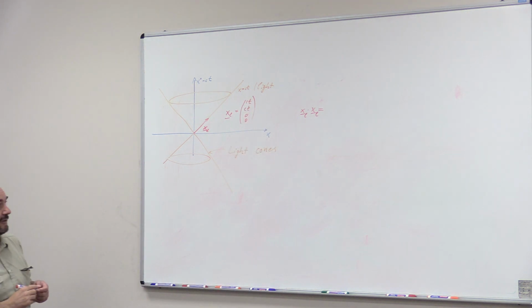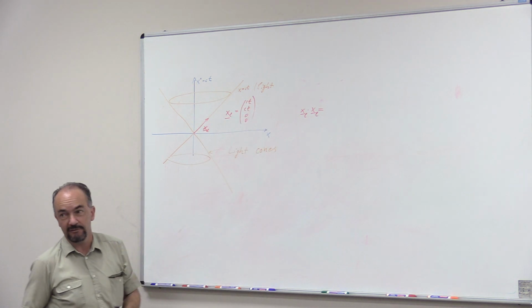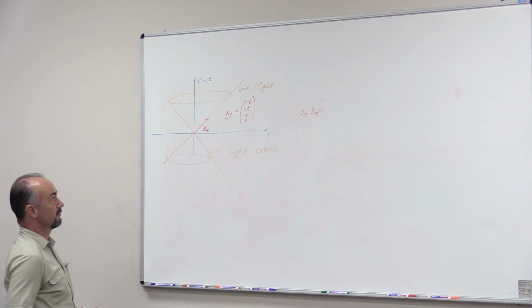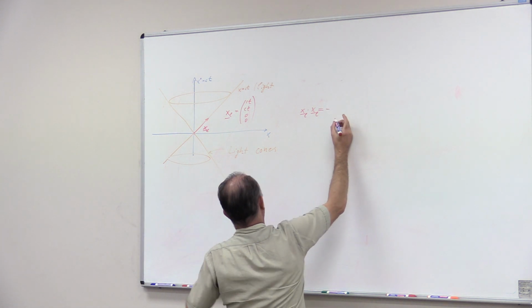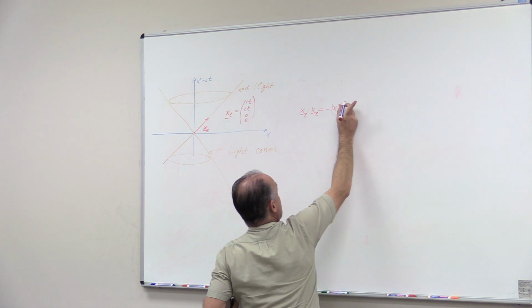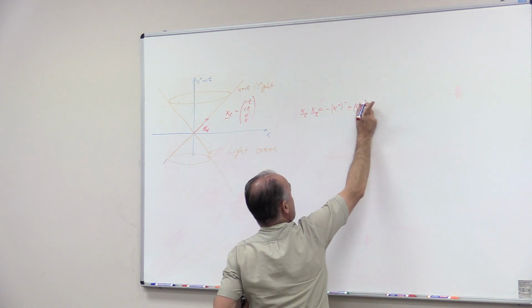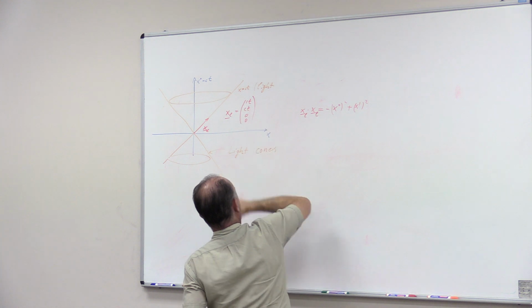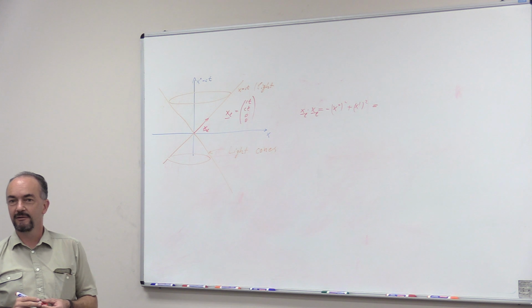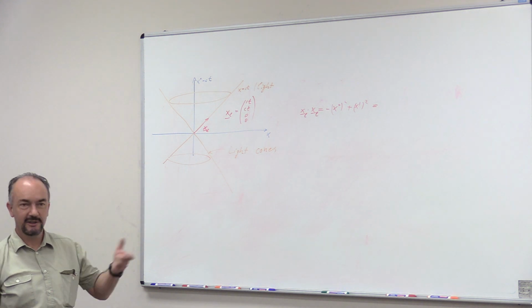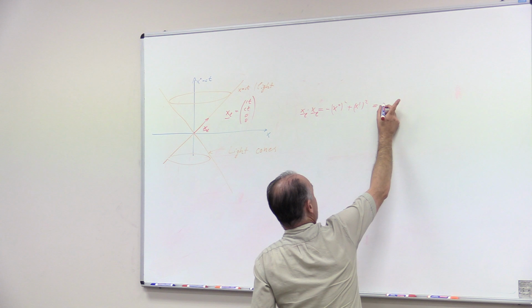Because it goes in the x direction just with the speed of light. What is the 4-vector product of that with itself? Will be minus x0 squared plus x1 squared, and well, 2 and 3 are 0 anyway, and that is 0, exactly. So, this is 0.